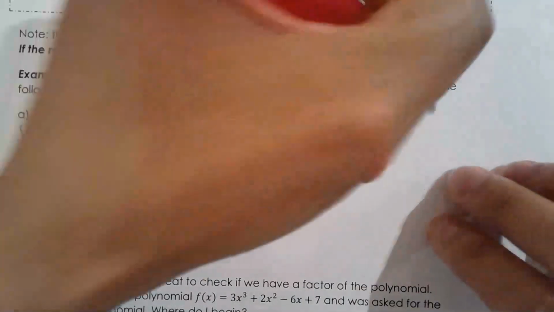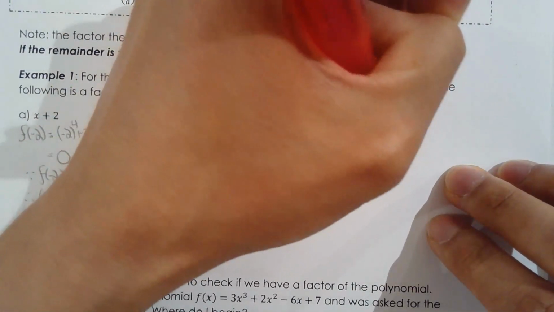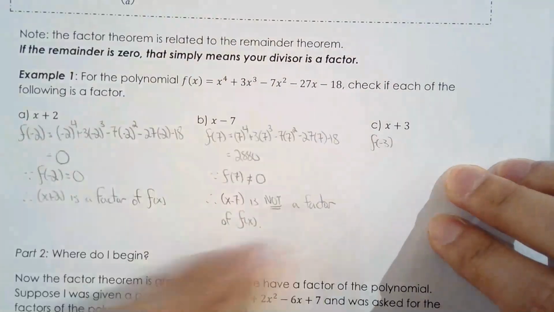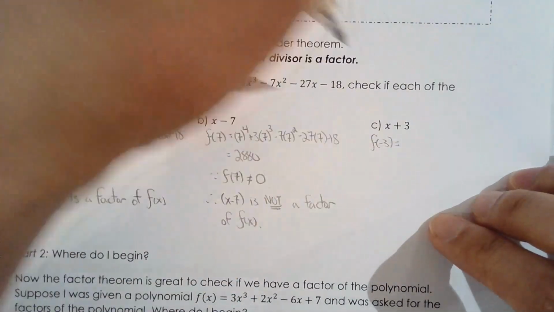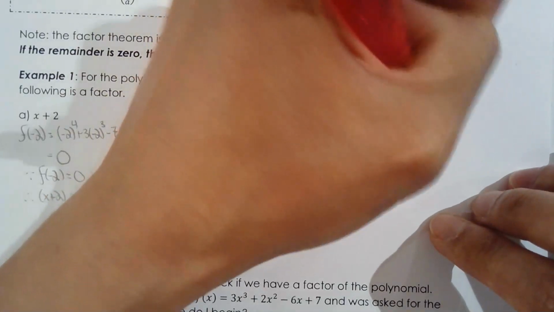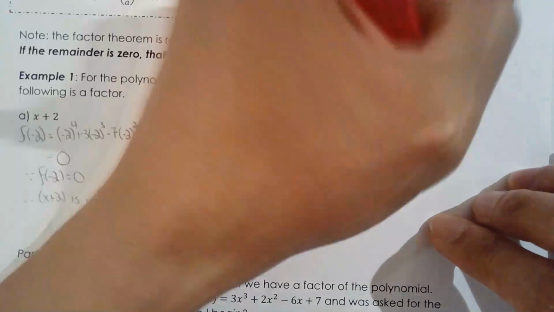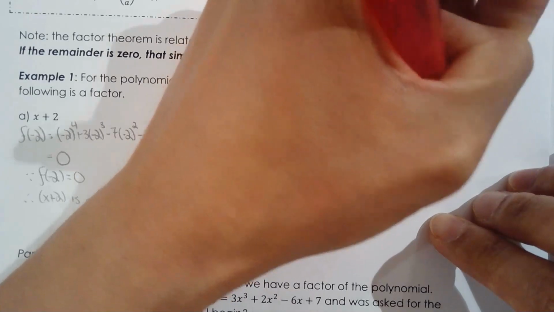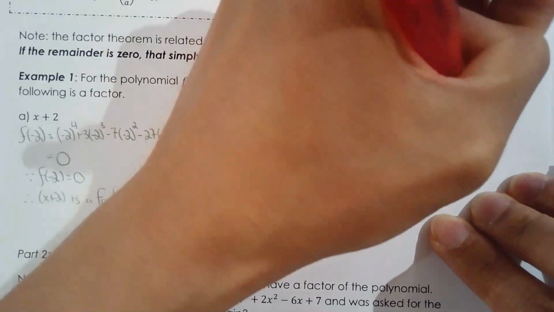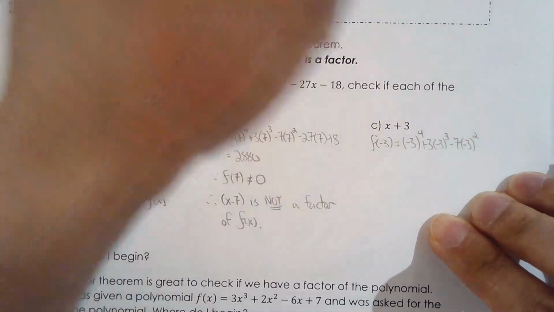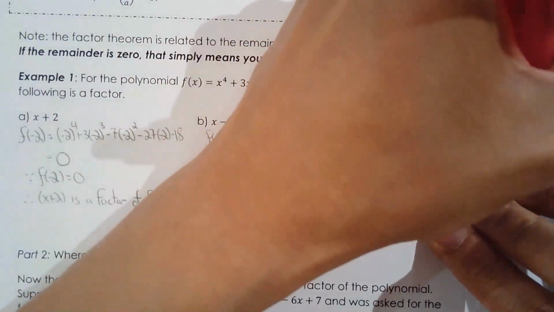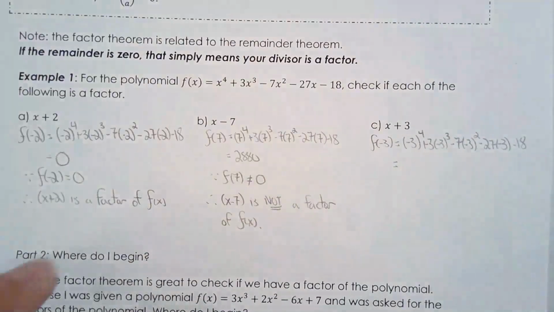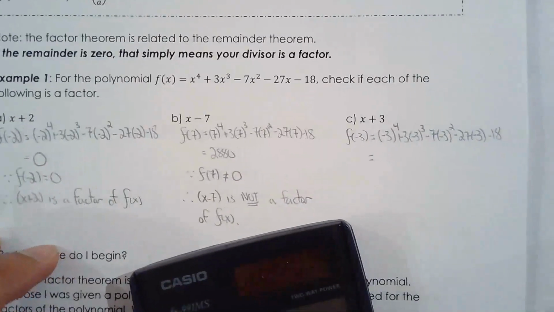Okay, last one. Let's check x plus 3. So I'm going to find f of negative 3. If I divide by x plus 3, is the remainder 0? So find f of negative 3, and we'll see what the remainder is. Okay, let's see. Is the remainder 0?